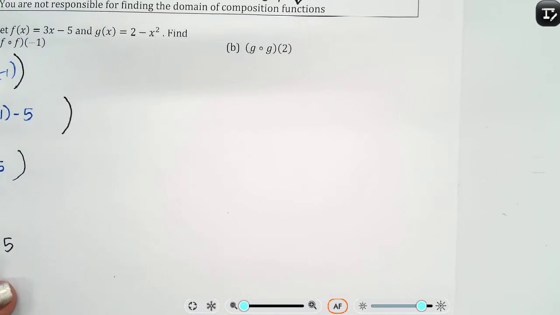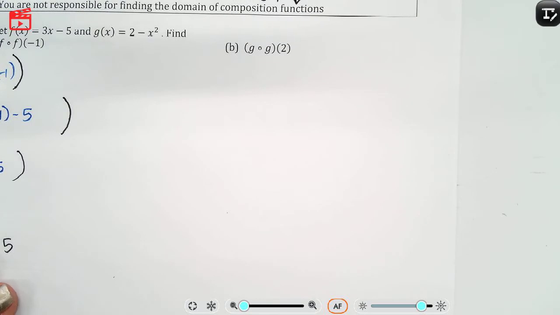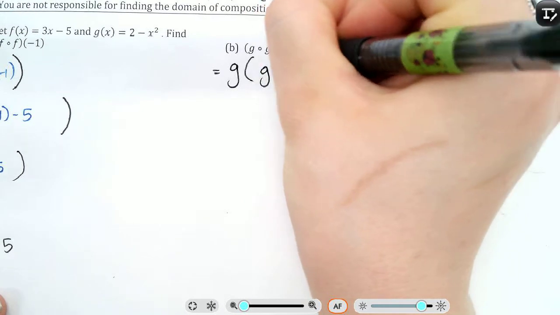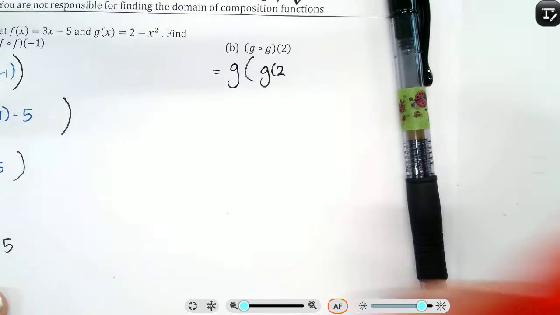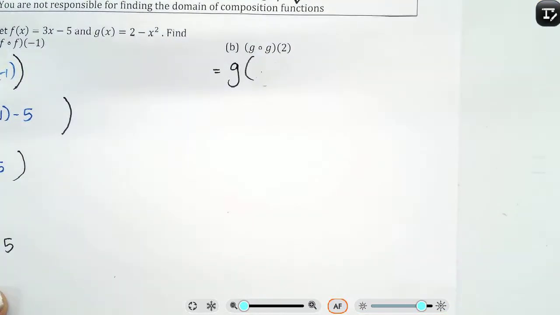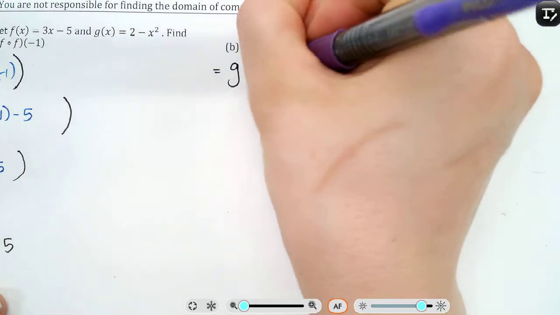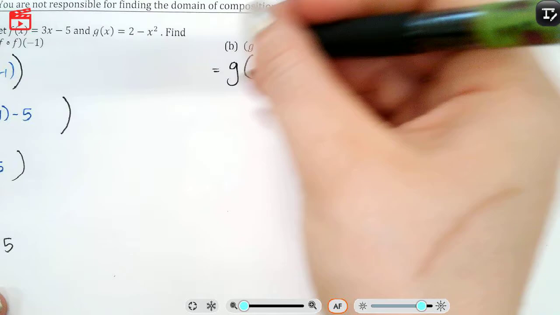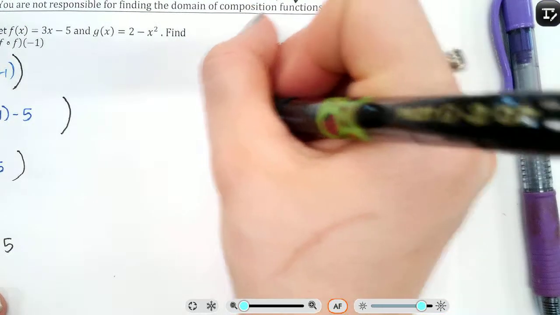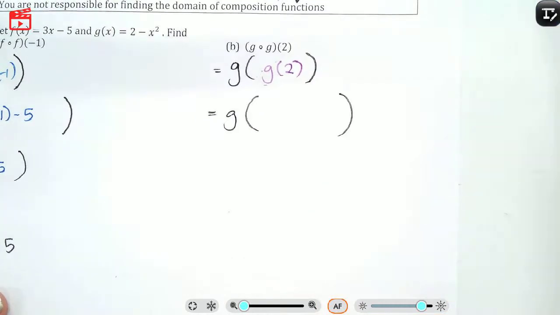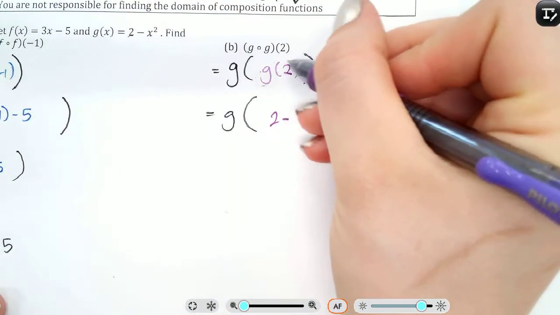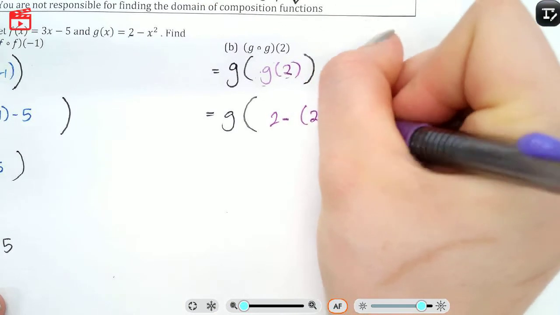G of g of 2, excuse me. All right, so this should be g of g of 2. Oops, sorry, I'm going to go ahead and do the color coding again. Hopefully that helps. Now what is g of 2? Well, that's going to be 2 minus my new input value of 2 squared.